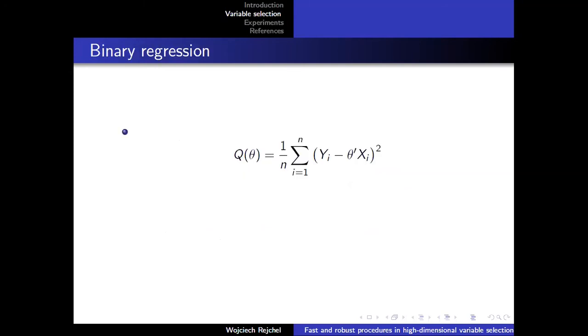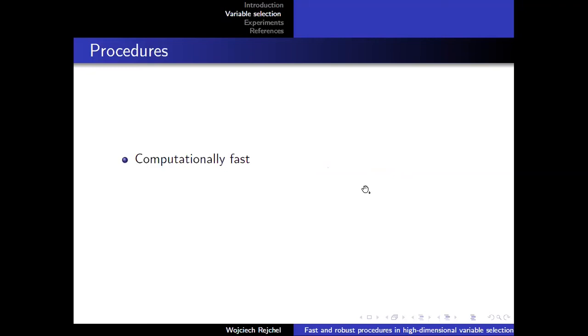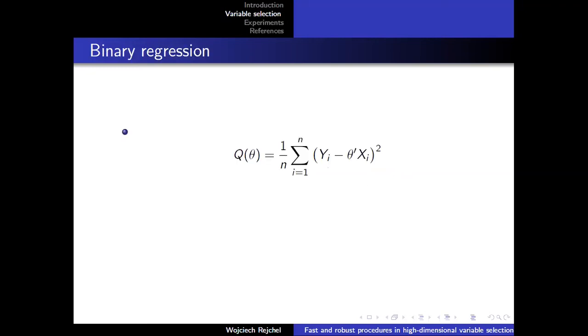Okay, so first, I will give you a relation between the parameter which is estimated here in the binary regression case and the beta. So if we forget about the Lasso penalty, then we minimize something like that.